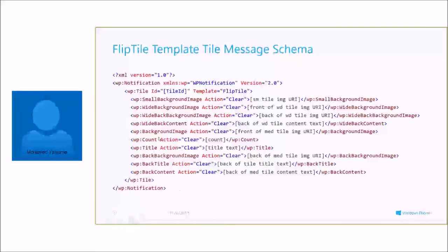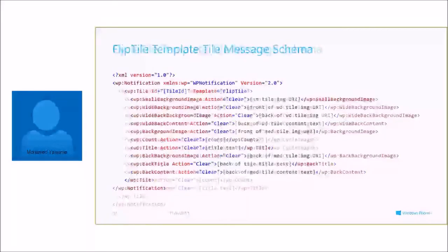So this is a flip tile. You can just put things like a small tile image URI and the background. You can put whatever you want to send in a tile message. It's the same properties we used whenever we were setting our tiles in the application tile or the secondary tiles earlier in the call.